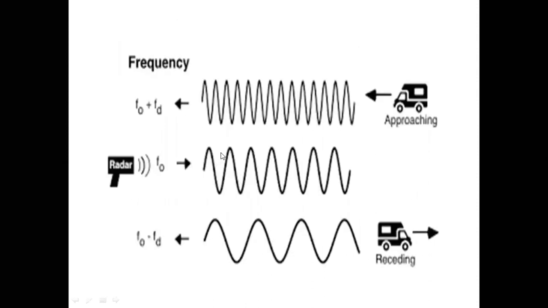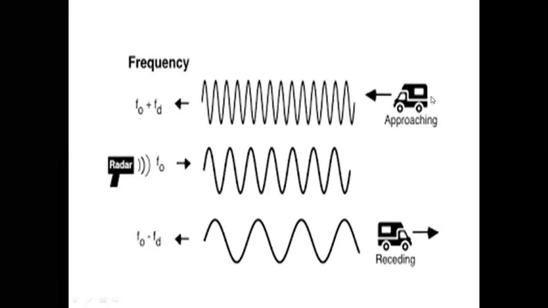Here the figure represents a radar and a target, and the transmitted signal frequency is f0. That means we are transmitting the signal with the frequency f0. Then what is the received signal frequency? That is not equal to the transmitted signal frequency. That is known as Doppler effect. There is a change in the frequency in the received signal.